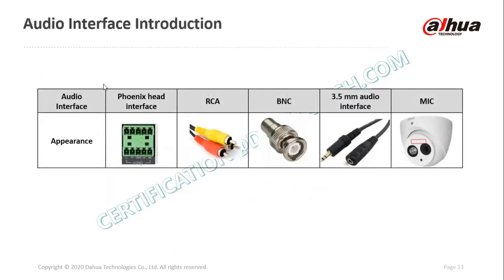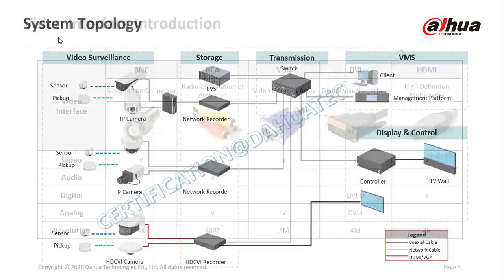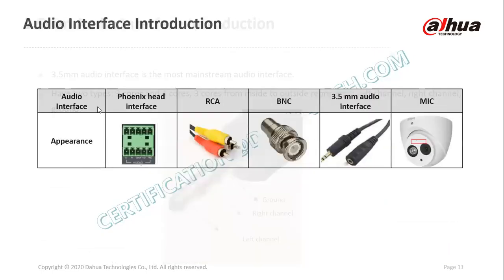So we're talking about the video interfaces. Now some of the audio interfaces that are common and that you can interact with: Phoenix head interface, the RCA, BNC. BNC supports video and audio, so you can transmit video and audio over coaxial cable.